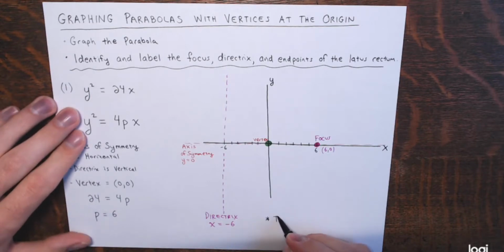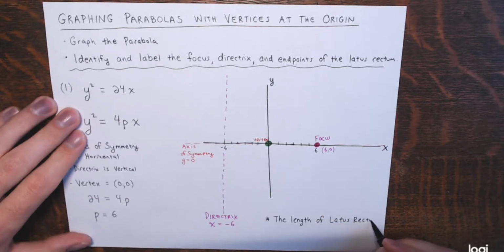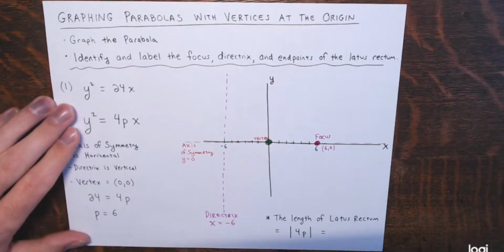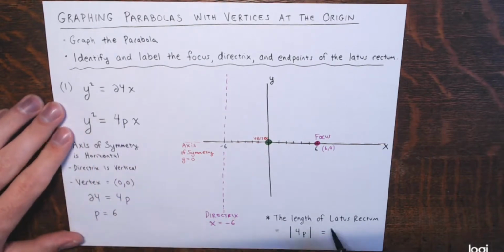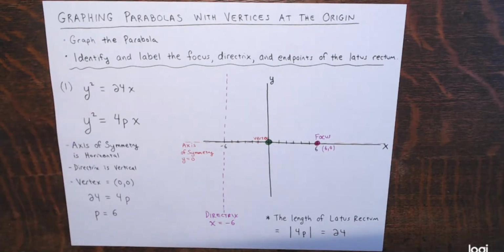The length of the latus rectum is going to be the absolute value of 4p. In this particular example, 4p was this coefficient here, 24, and that's already positive, so the absolute value is 24.